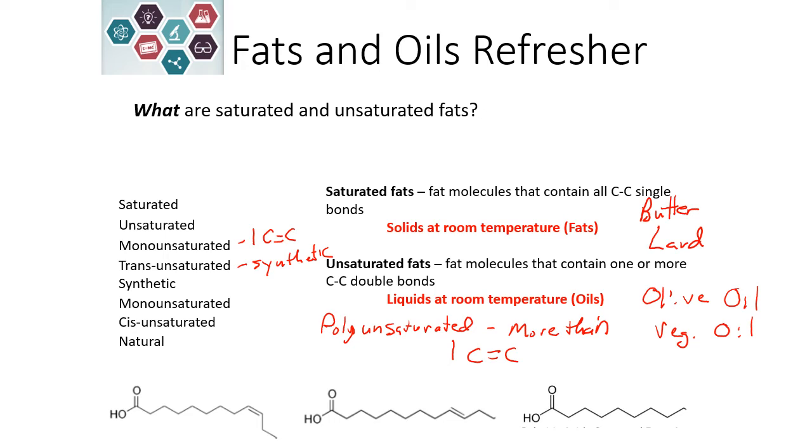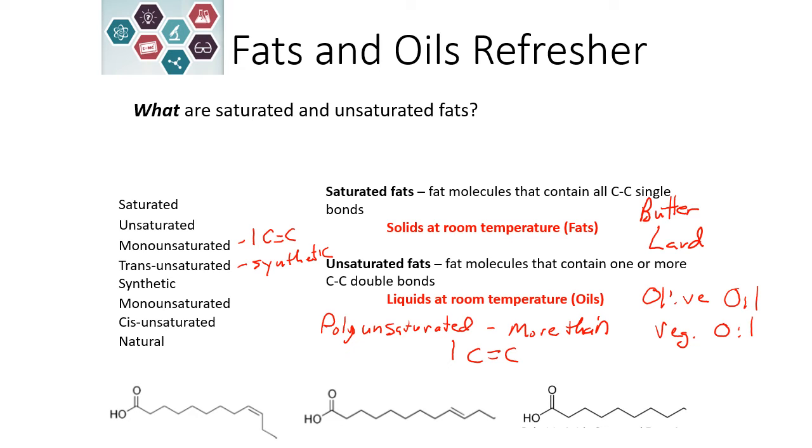So we can take some of these oils, if you've ever used margarine. Okay, margarine, we take these vegetable oils and we hydrogenate them, we add hydrogen in, and when we do that, it results in trans-unsaturated fats. So they've been manipulated to end up with a trans double bond, and they do come from a synthetic source. So trans fats, those are the ones that are not as healthy for us. Okay, so those are synthetic.